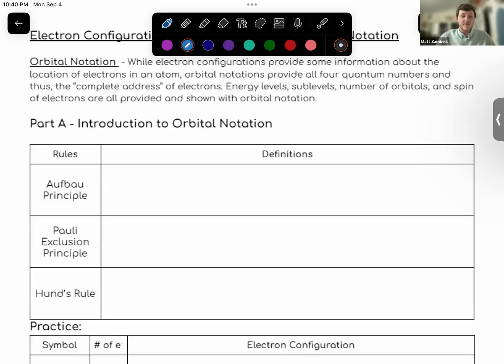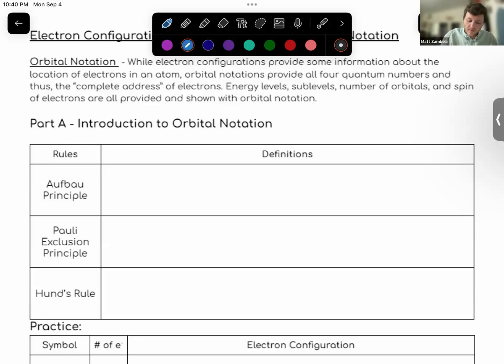And Aufbau's principle is telling us that we're going to fill the lowest energy level first, okay? Which should make sense in our heads, yet it has to be stated, or else we might not remember to do so, and that could be an issue.